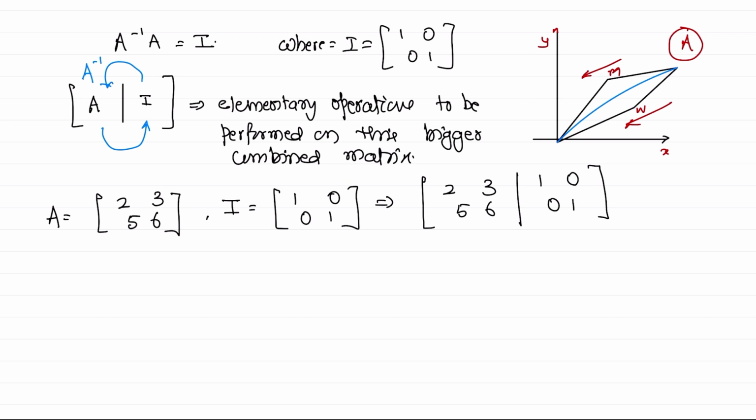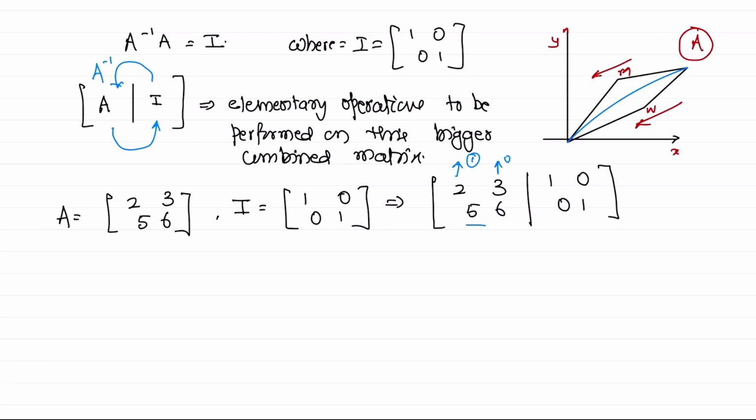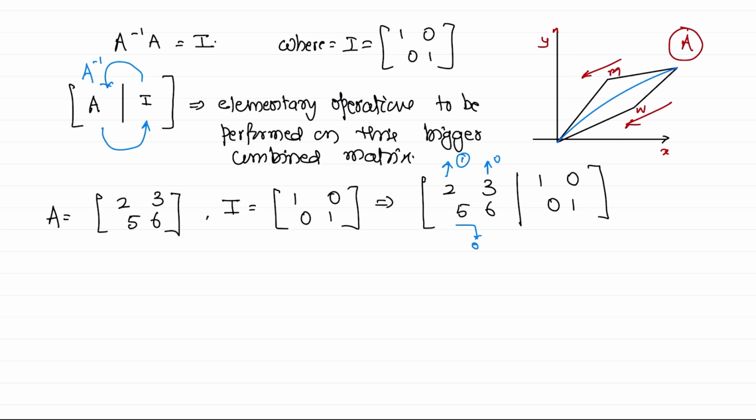Let us do the elementary row and column operations on this combined matrix. Whatever elementary operations we do, we have to ensure that this 2 becomes 1 and this 3 becomes 0, that means the form of I should be on the left hand side, and automatically the right hand side will give the inverse. This 5 becomes 0 and 6 becomes 1. Let us see how it is to be done.